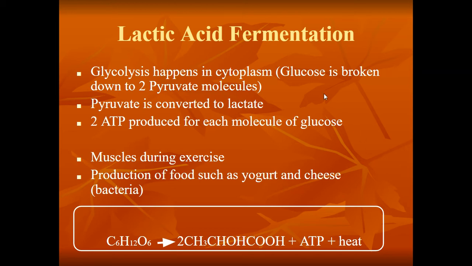But in other words, what we really want to know from here is that we go through stage 1 glycolysis, we get our 2 pyruvate, and that's changed into lactate. Okay.